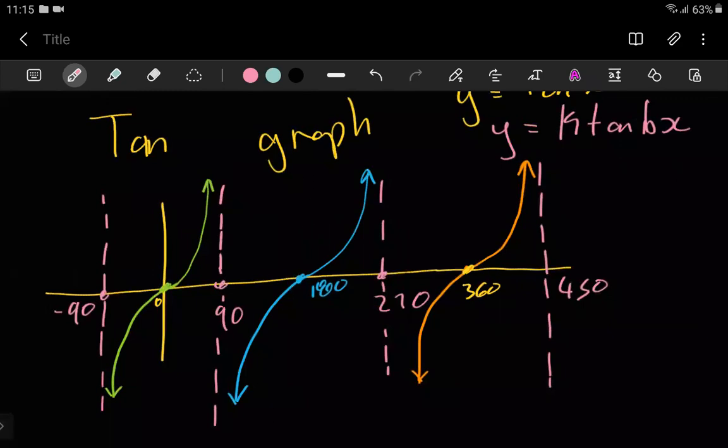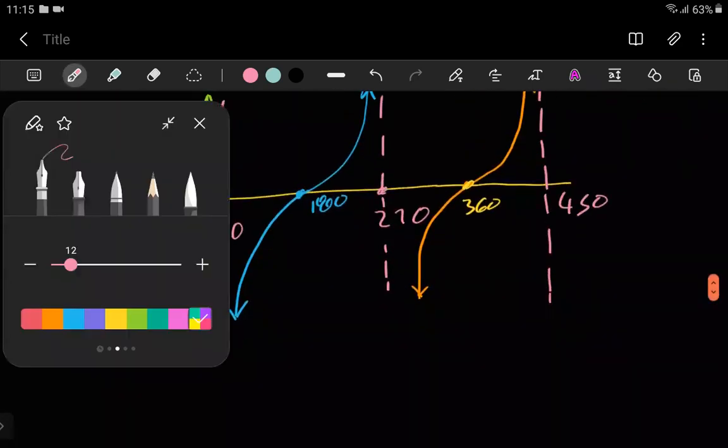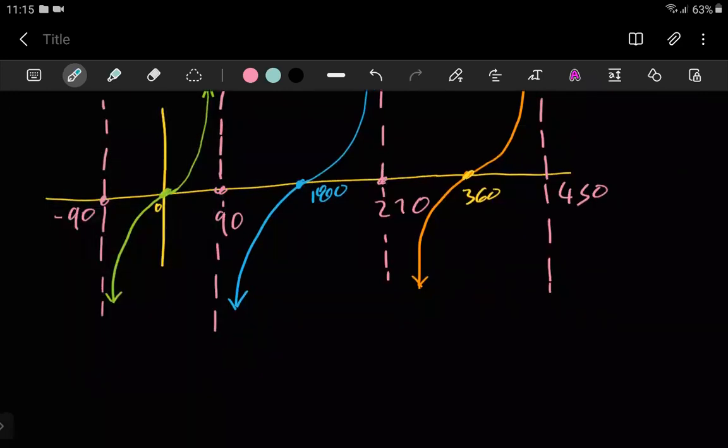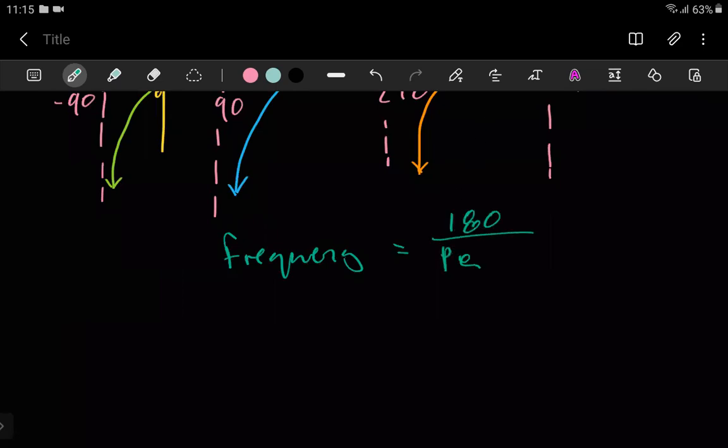So in this situation, what we know about b is that b is the frequency. Now we already said with the tan graph, you use 180 instead of using 360. So with a graph like this one, the frequency is 180 divided by the period.